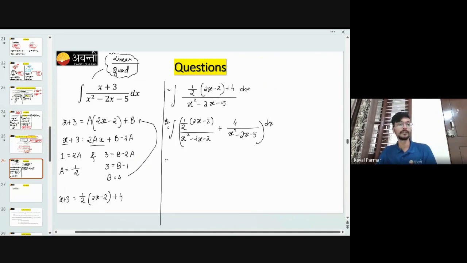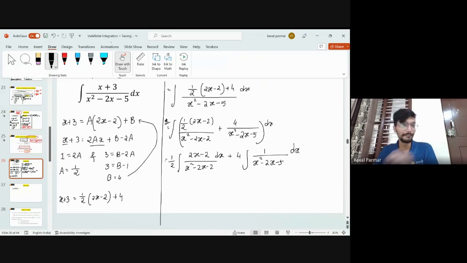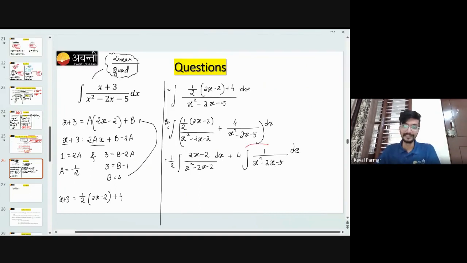Using rule number 2, I get half times integration of (2x minus 2) upon (x square minus 2x minus 5) dx, plus 4, which is a constant, times integration of 1 upon (x square minus 2x minus 5) dx.